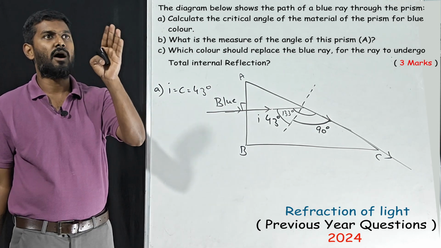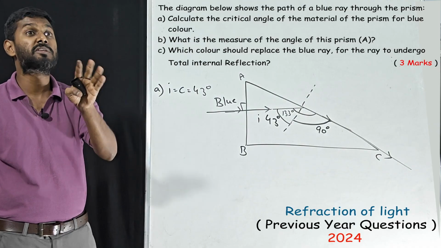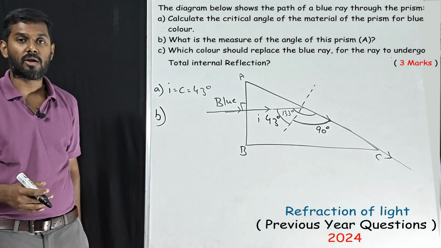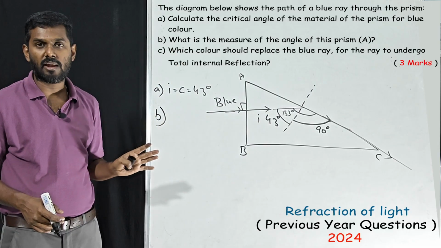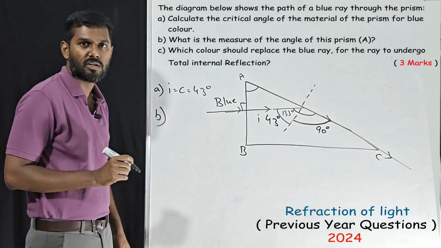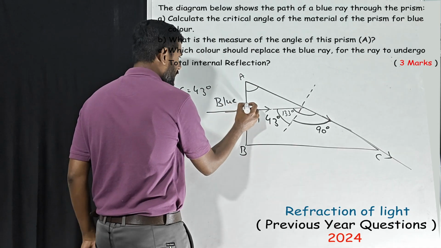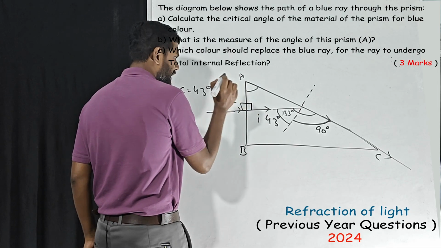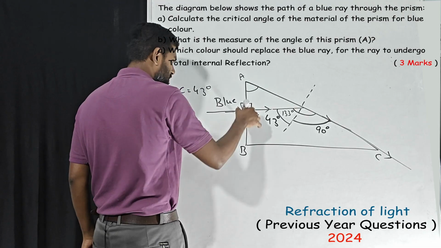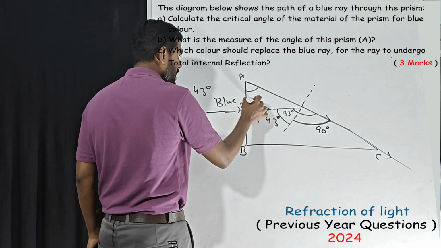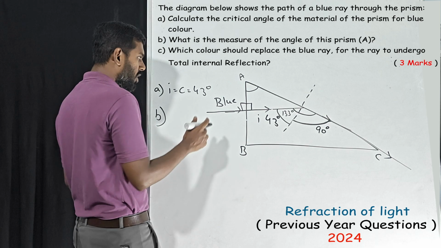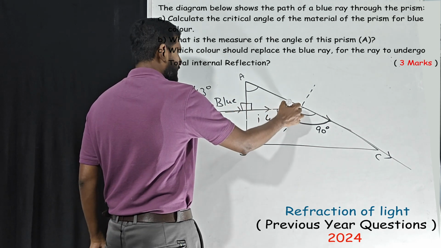What is the measure of the angle of this prism? Where will be the angle of the prism? We know the angle of prism is always on the top. We can easily say this is 90 degrees, this is 90 degrees. If you see this one, this is a straight line and this is also a straight line. So if this is 90, this will also be 90. This is one way. If this is 90, we need to find this angle.